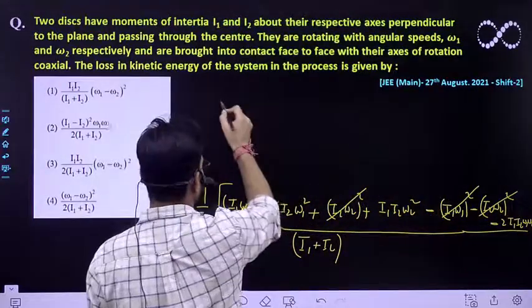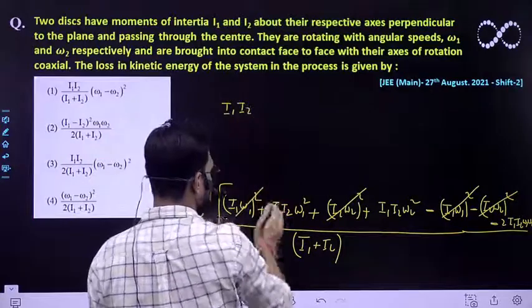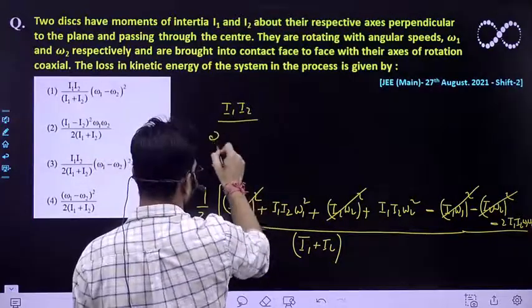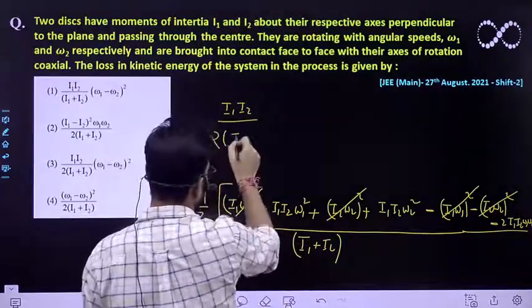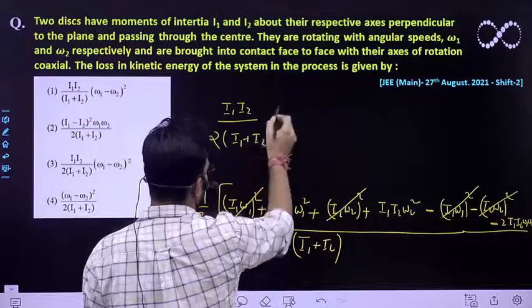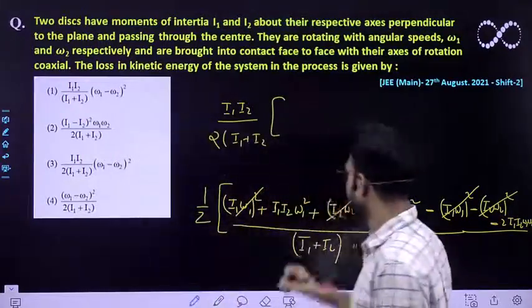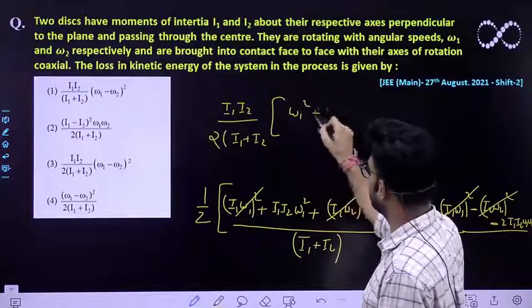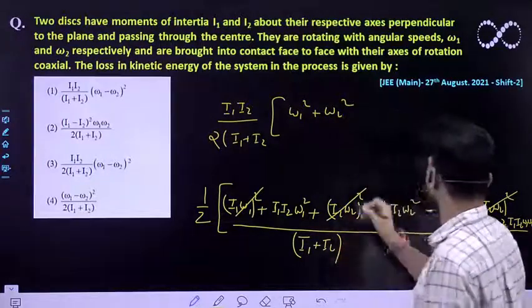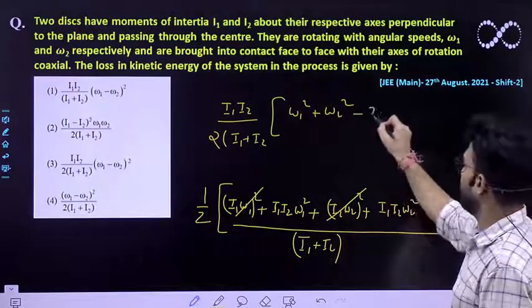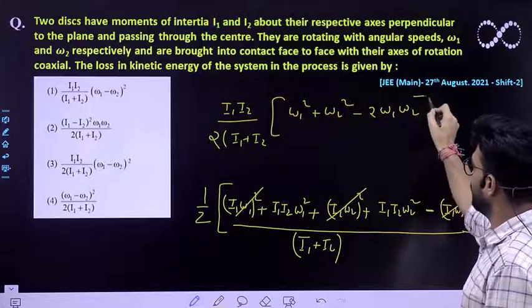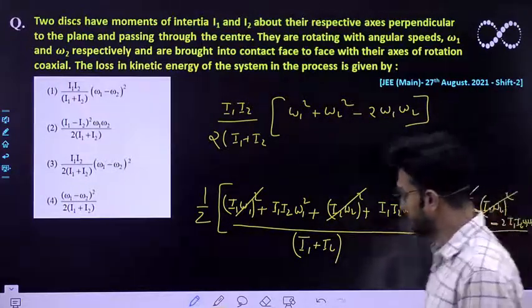So again I1 and I2, if I take it out, and in the denominator you will be having 2 into I1 plus I2. So inside you will be getting omega 1 whole square plus omega 2 whole square minus twice omega 1 omega 2. So this is the expression that you are getting.